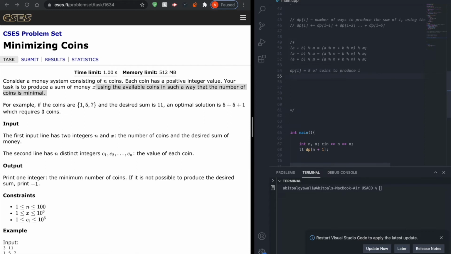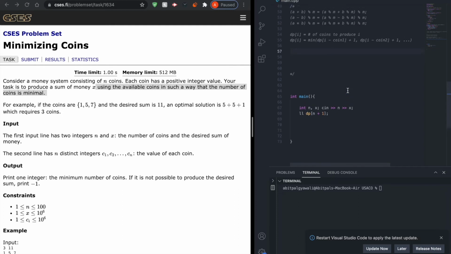And then to get dp of I, we do dp of I minus coin 1 plus 1, and then we want to choose the minimum of that, and then dp of I minus coin 2 plus 1, and so on for all the coins.